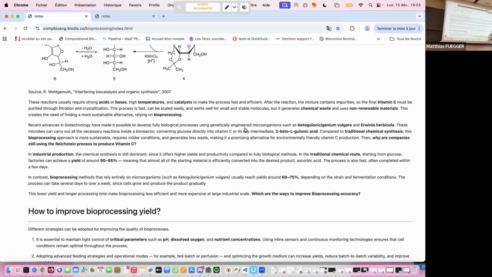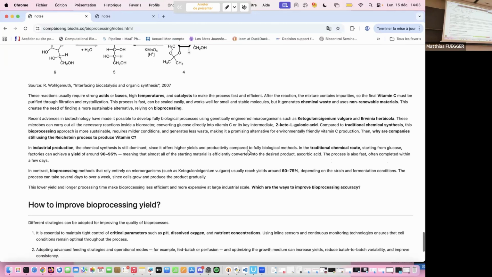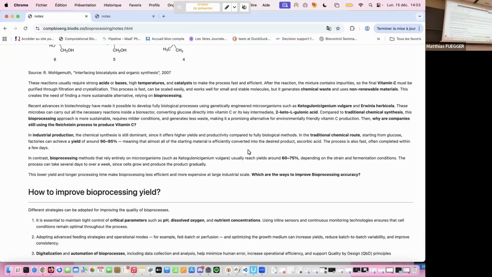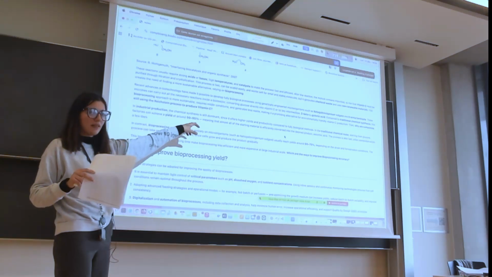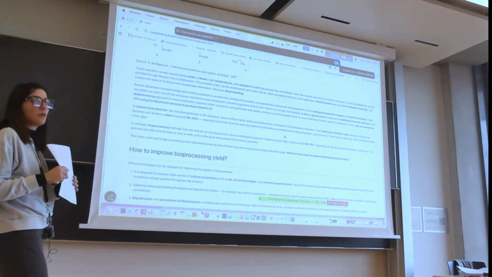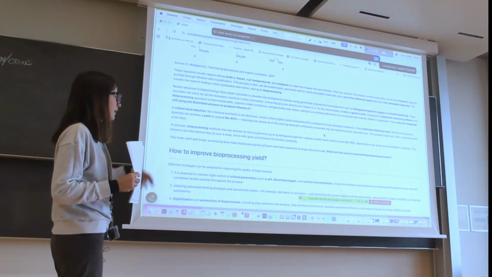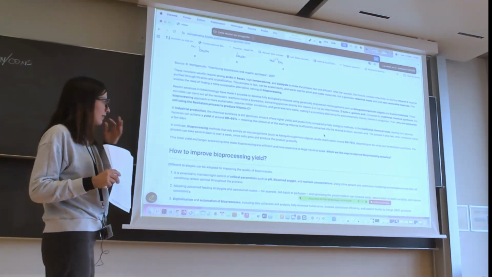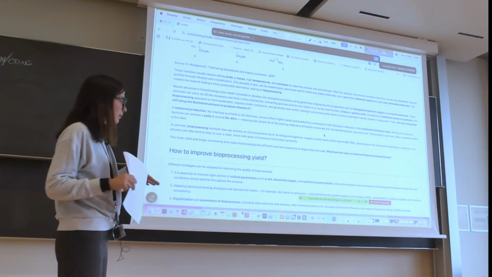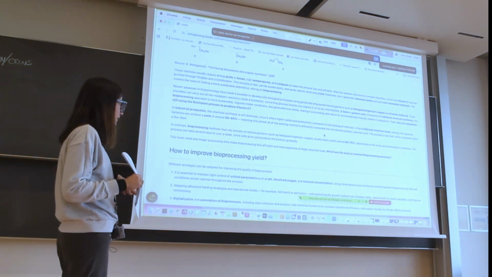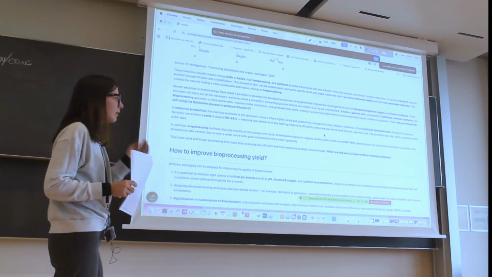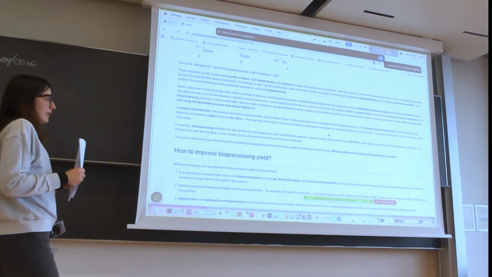But this kind of alternative has a very low yield compared to the traditional synthetic one, because with the traditional synthetic process, we can have a yield of 90–95% in a few days, while for this alternative, we can have a yield of 60–75% in weeks.